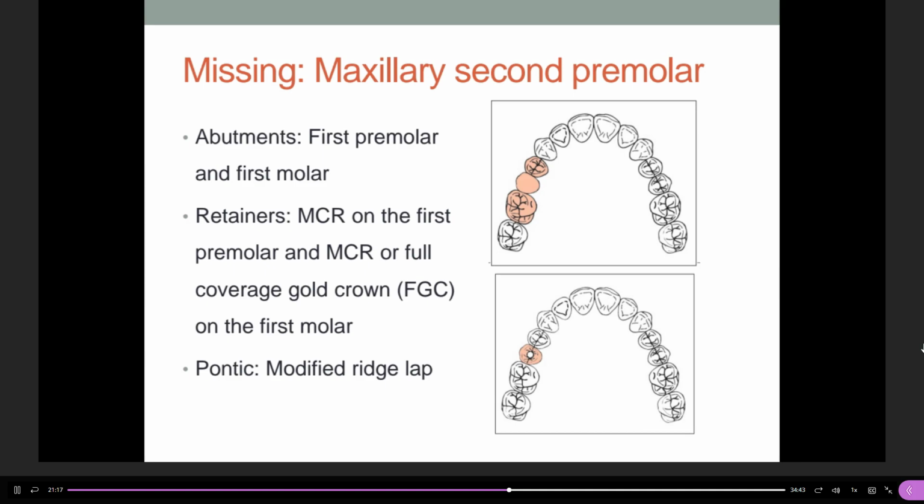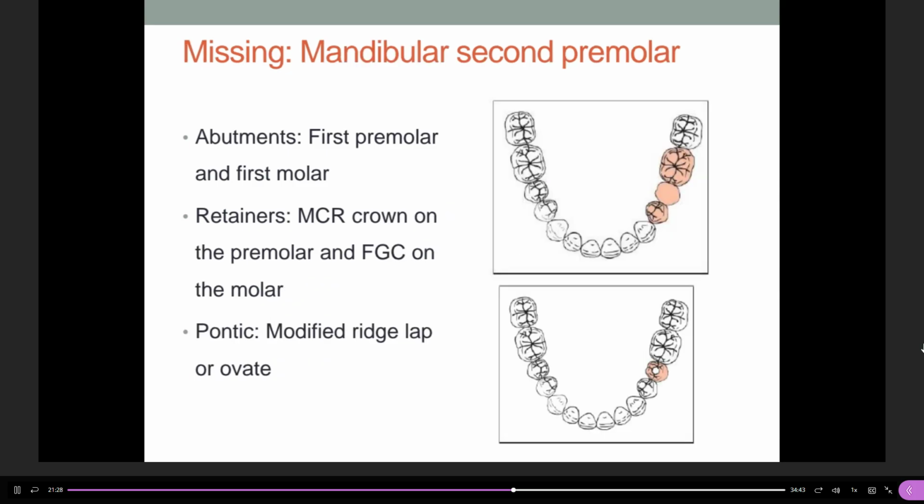Then further simple fixed prostheses. What is this? Mandibular or maxillary second premolar missing. The abutments will be first premolar and first molar. Similarly for the mandible, first premolar and first molar will be the abutments for a missing mandibular second premolar.